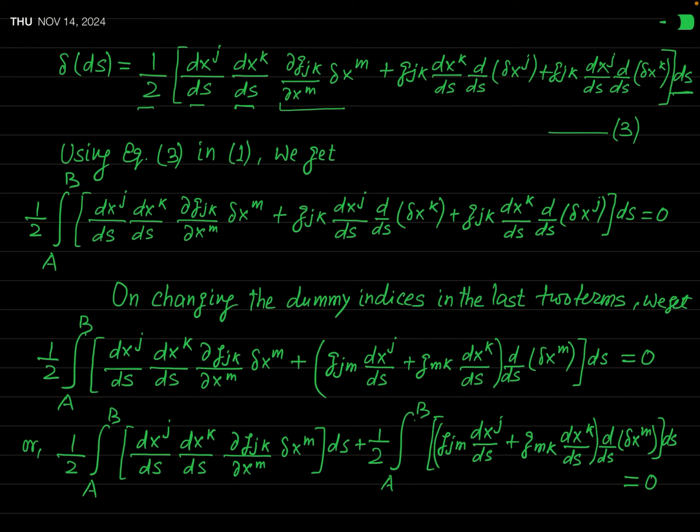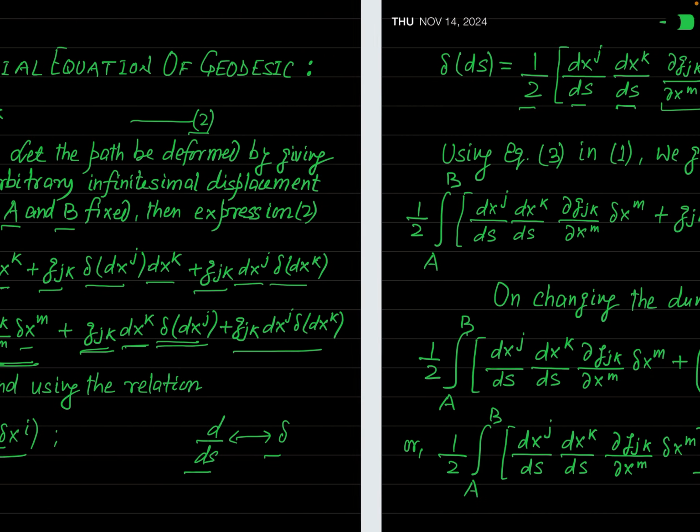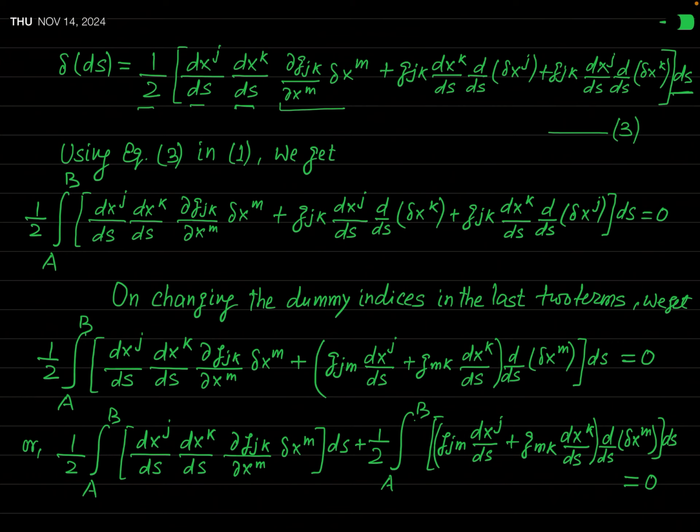Okay. Now in this second term you can see gjk times dxk by ds, and instead of this we will write d/ds delta xj. So this has been written as gjk times dxk by ds d/ds delta xj.